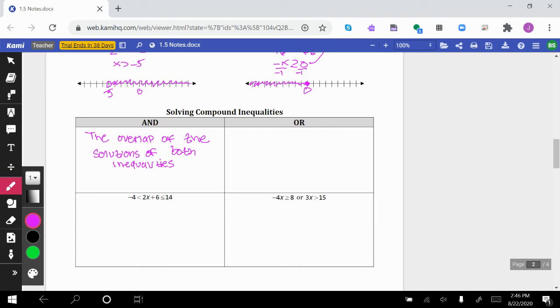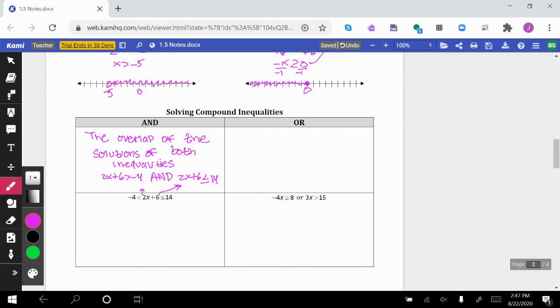And what that means, if we look at our example down here, what that means is 2x plus 6, right, is both greater than -4 and 2x plus 6 is less than or equal to 14. Okay?